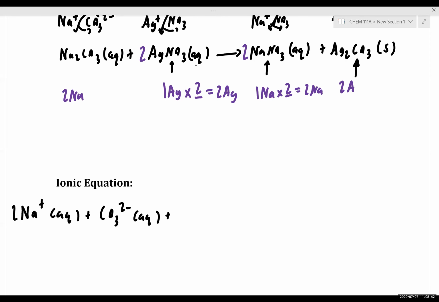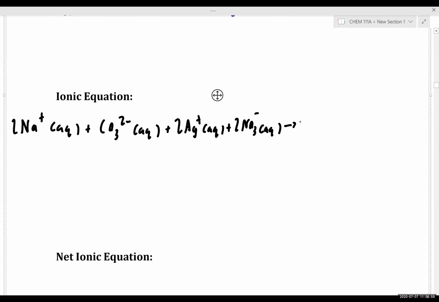Yes, so we get 2 silver plus aqueous plus 2 NO3- aqueous. Sodium nitrate, we also dissociate into 2 sodium plus aqueous plus 2 NO3- aqueous.